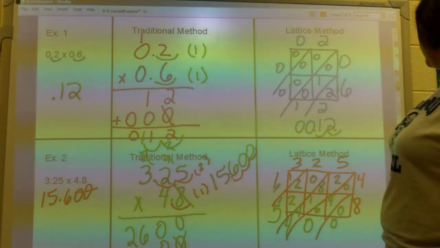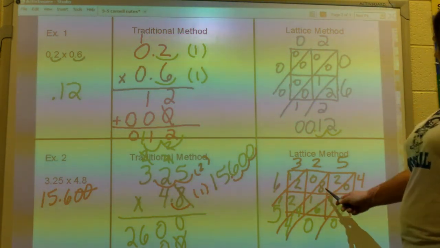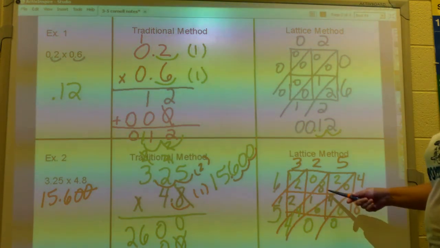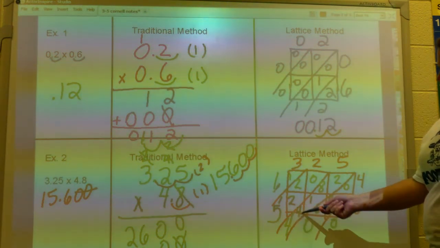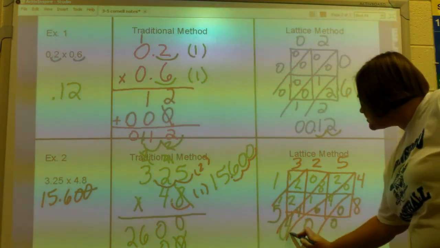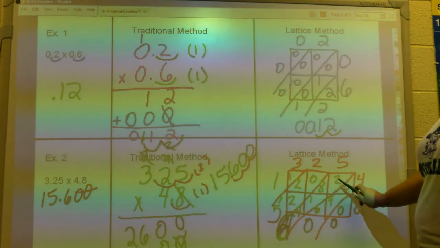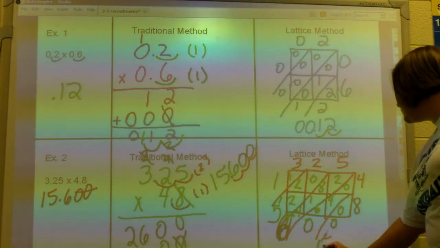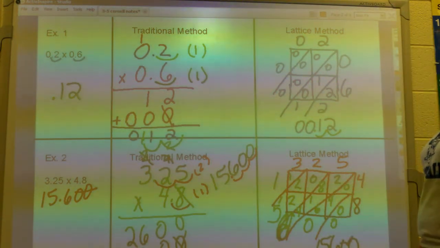Now, I'm looking at my answers and I have a mistake. Right here I made a mistake. It should have been 8 plus 1 is 9, plus 1 is 10, plus 4 is 14, plus the 2 right there is 16. So that should be a 6. I just forgot to add the 2 there. So 15600 was my answer. Same thing I got with traditional.